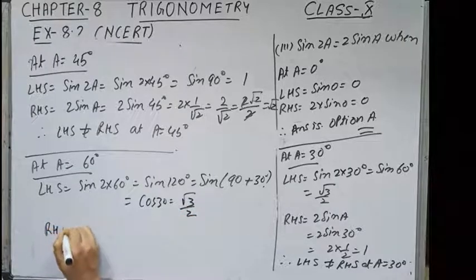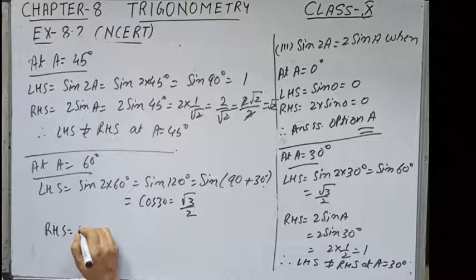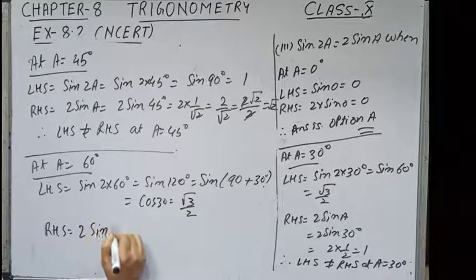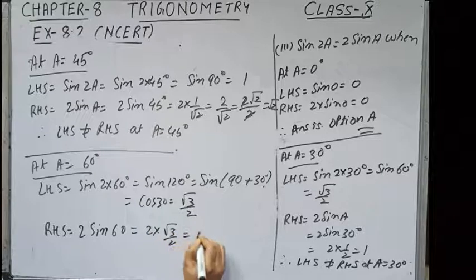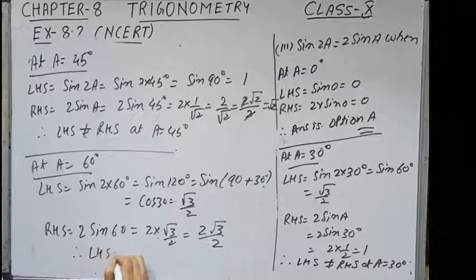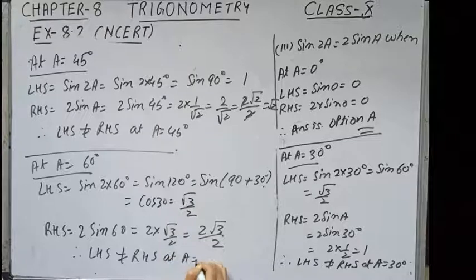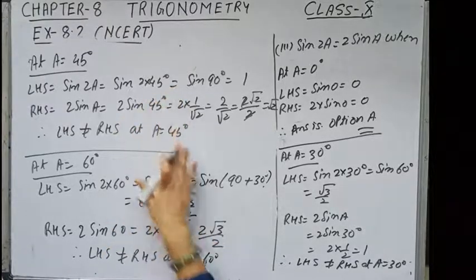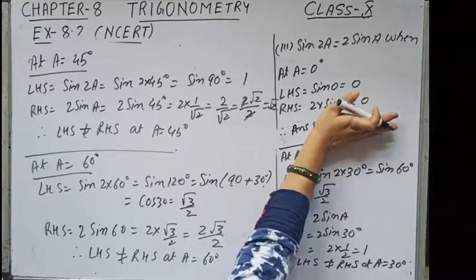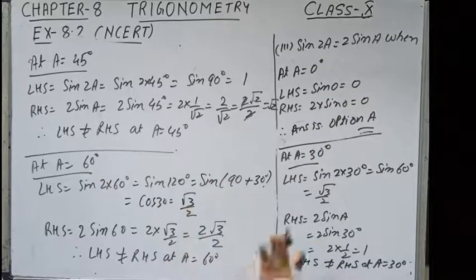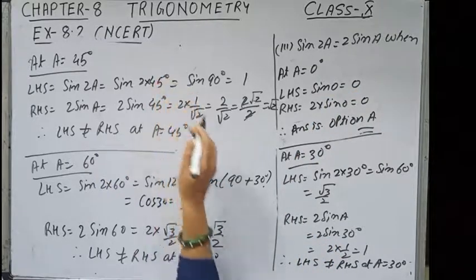And RHS equals 2 sine of 60 degree equals 2 into root 3 by 2 equals 2 root 3 by 2. Therefore LHS is not equal to RHS at A equals 60 degree. Children, I repeat, all these things no need to do, only this much is sufficient. This is only for the sake of knowledge, and knowledge is mathematics.